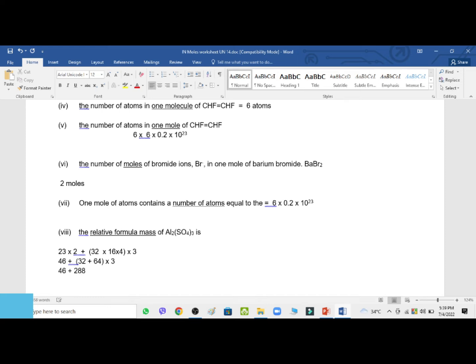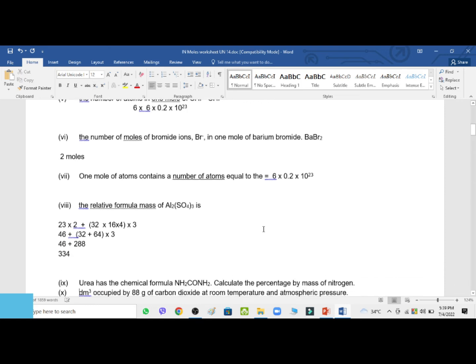And if that is added with 46, we get 334. So this is its relative formula mass.